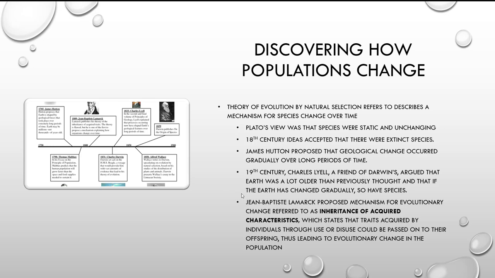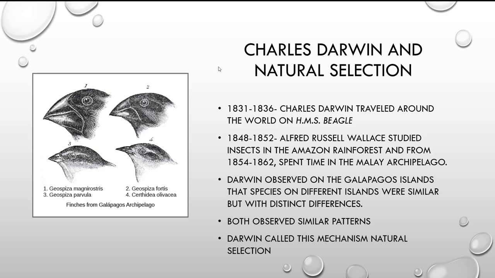There are a lot of other people that were involved with the theory of evolution by natural selection. So it's not just Charles Darwin. There are two people that were really involved with this theory: Charles Darwin, of course, and another person, Alfred Russel Wallace.